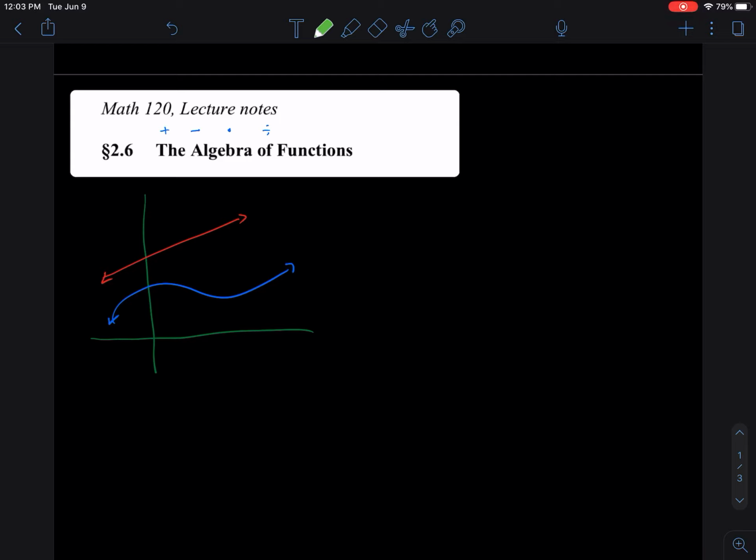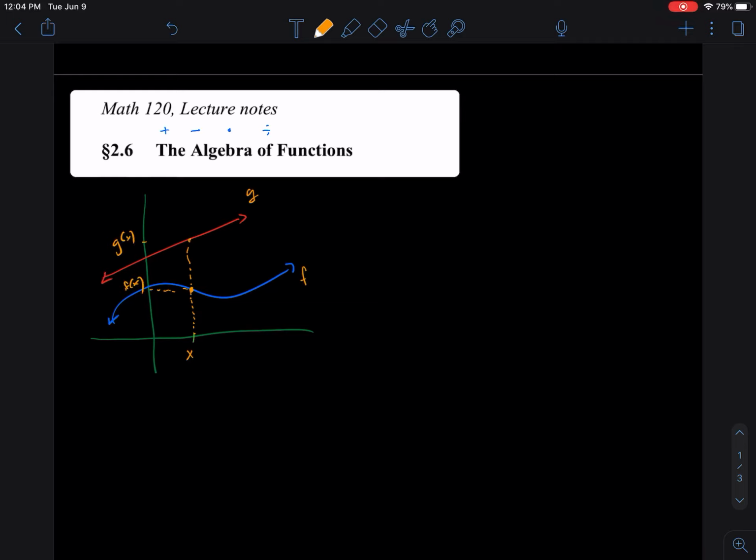Imagine you have an x here, and that x will give you an output for this graph f, and we'll call the other one g. So this point here will be f of x, and this point up here will be g of x, right?